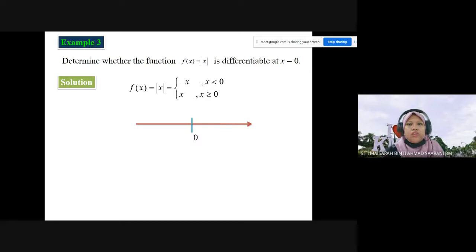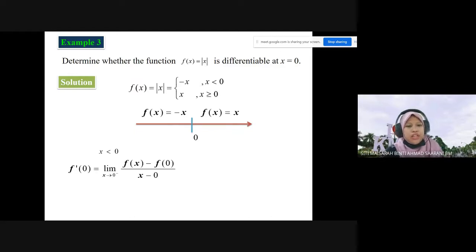Okay. Kalau tengok kat sini, x more than 0 for x, x less than 0, negative x. Yang sebelah kiri negative x, yang sebelah kanan x. So jadi kita kena cari f prime 0 from left dengan f prime 0 from right. First kita cari f prime 0 from left. Limit as x approach 0 from left, f(x) dia kita ganti dengan negative x, and then minus f(0). f(0) awak kena tengok dekat function yang kita dah define ni, yang mana satu ada equal.